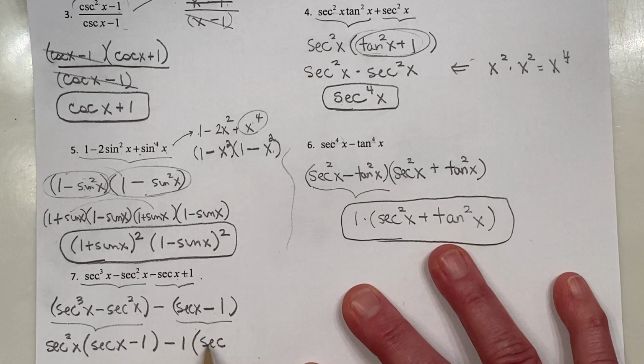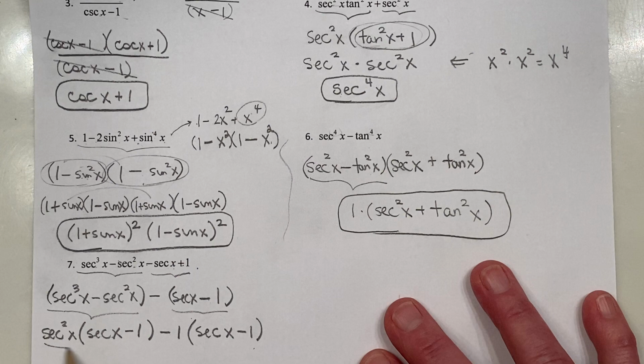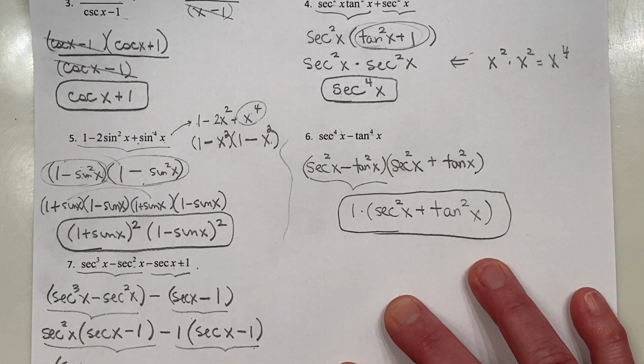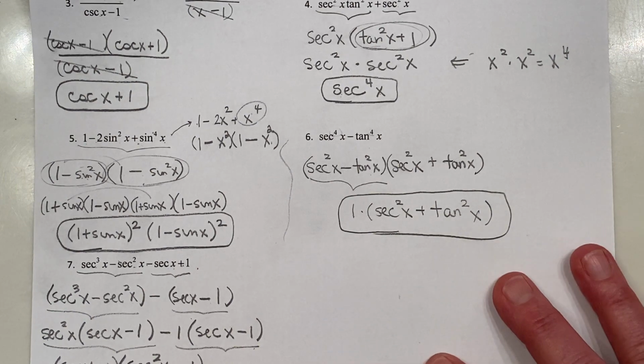So I'll go ahead and make it visible, put it up front. To continue factor by grouping, now I look at these 2 terms. Notice your common parenthesis of secant x minus 1. Let's factor that parenthesis out of each of these 2 terms. So when I take out secant x minus 1, I'm left with secant squared x. When I take out secant x minus 1, I'm left with minus 1.